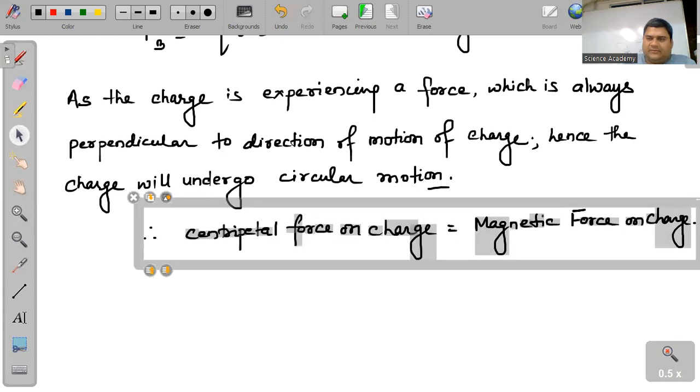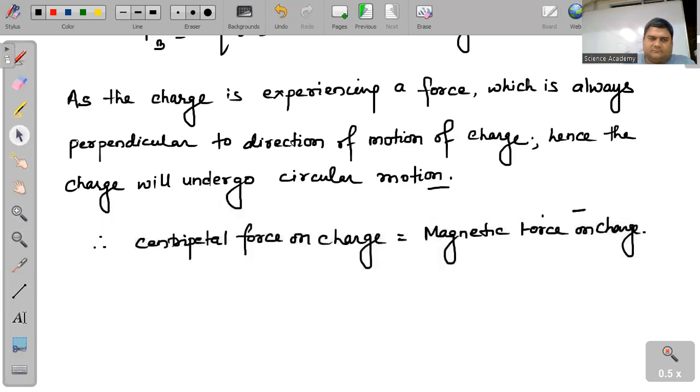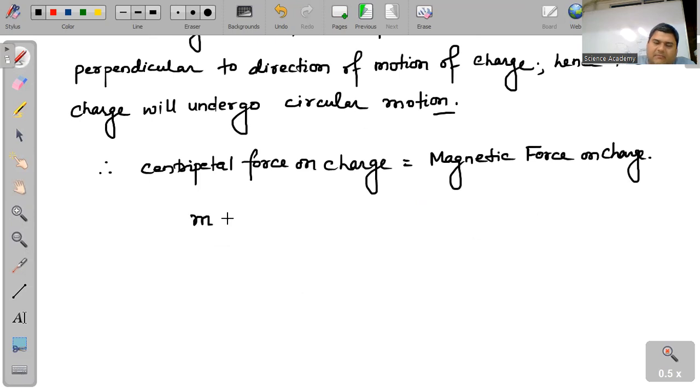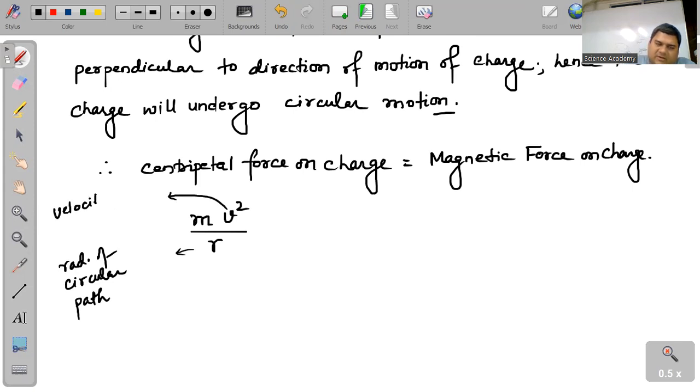This further implies, what will the centripetal force be? Mass of the charge, into velocity square of the charge, divided by r, radius of the circular path. v, velocity, rather I should call it speed, not velocity, speed of moving charge, m mass of the charge.